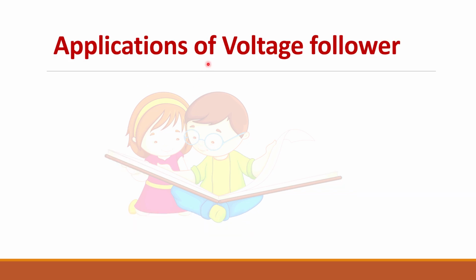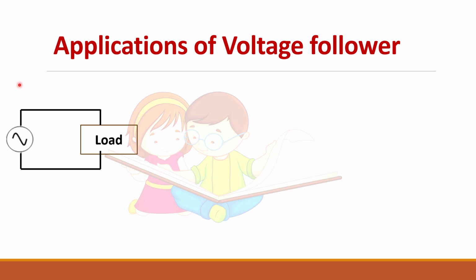Let us see the applications of voltage follower. Suppose I have a high impedance voltage source which is supplying a load. If the load has a very low impedance, according to Ohm's law, the current drawn from the source will be very high because I is equal to V by R. If R is low, I will be very high.